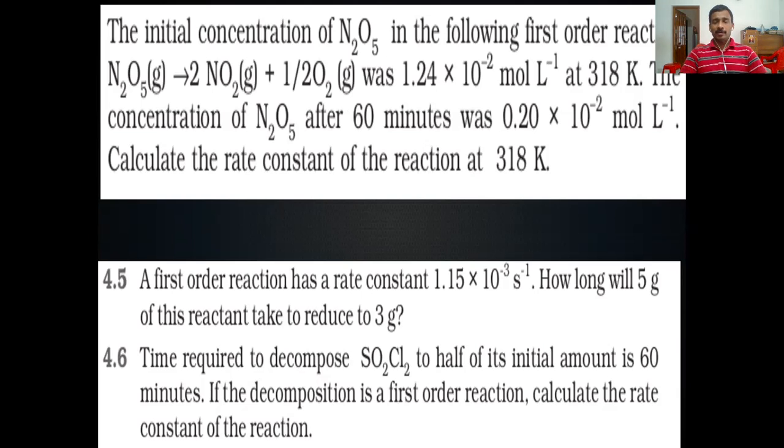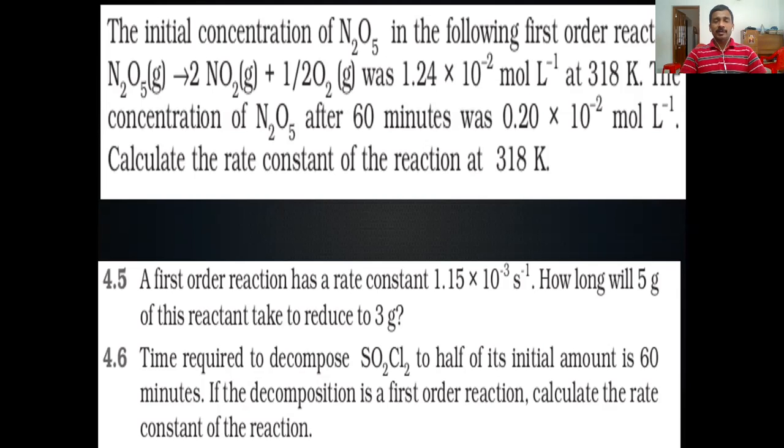Now substitute the values. k is equal to 2.303 divided by, what is the time? 60 minutes, that is given here. After 60 minutes, that means the time taken is 60 minutes. So 2.303 divided by 60 into log initial concentration 1.24 into 10 raised to minus 2 divided by final concentration 0.20 into 10 raised to minus 2.